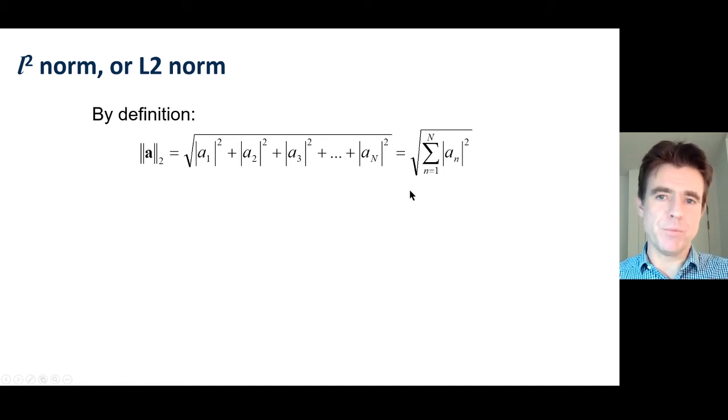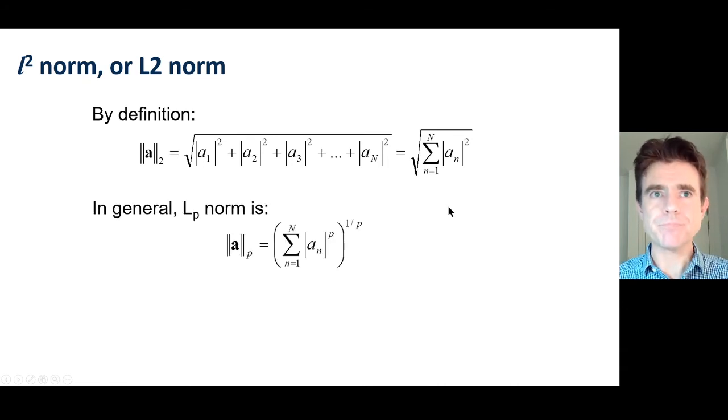I'm pointing this out because it's obviously related to that least squares cost function or loss function that I just mentioned. But in fact, just for your information, we can define what's called an Lp norm, where we sum, again, the magnitudes of the elements of the vector A, but now we raise them to a power of p, and then when we've done the summation, we take 1 over p.